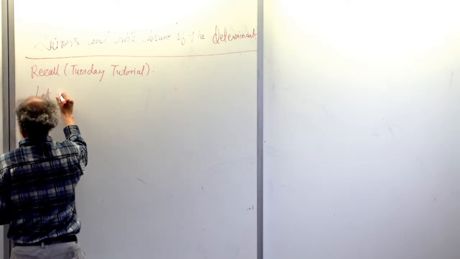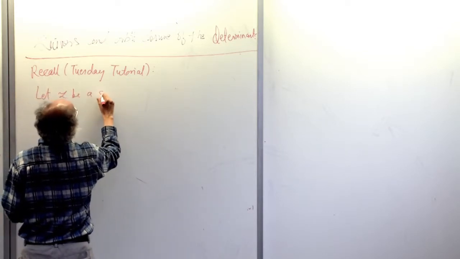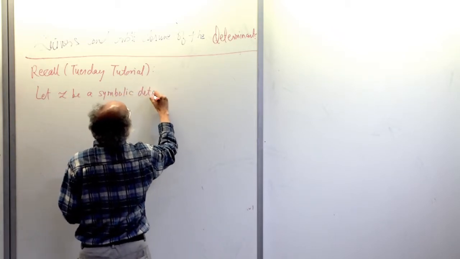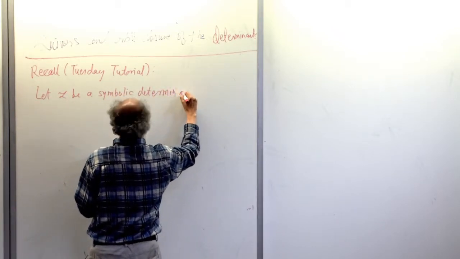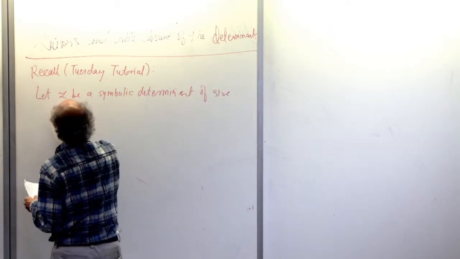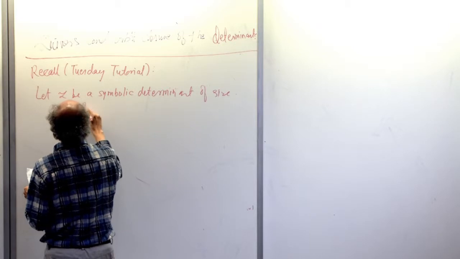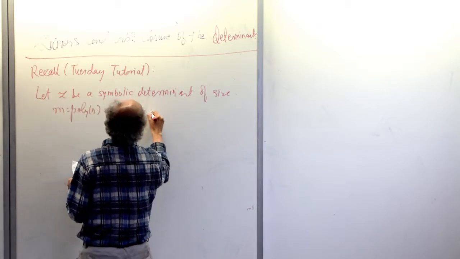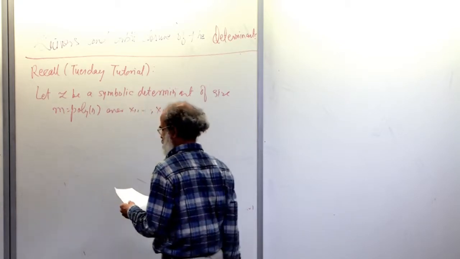Let Z be a symbolic determinant of size m equals polynomial in n over x1 to xn.